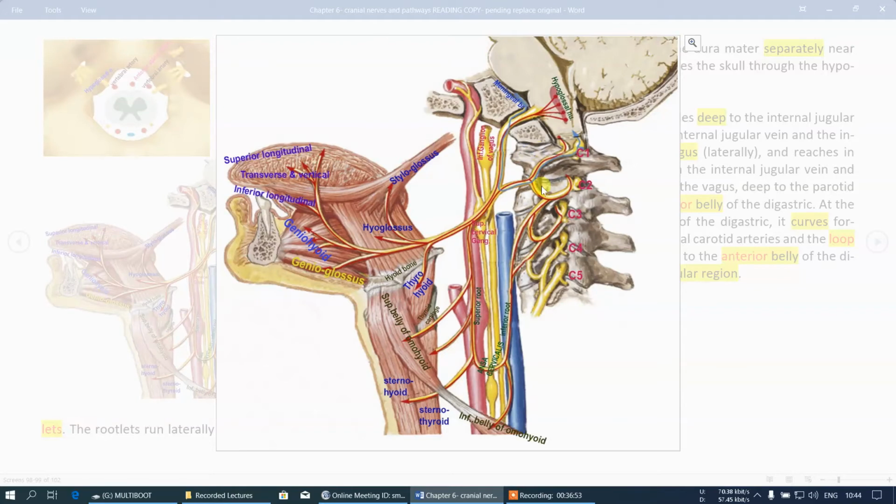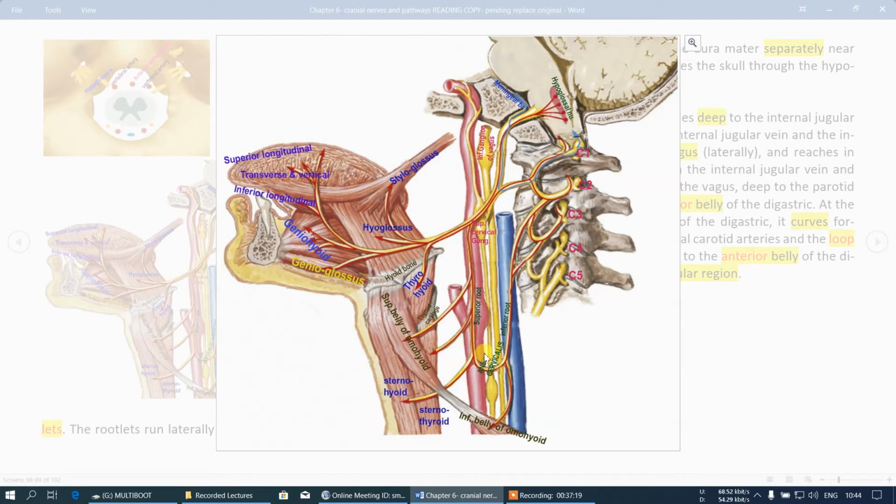So C1, C2 form the superior root, and C2, C3 form the inferior root. They have other names. The superior root is also known as descendens hypoglossi, and the inferior root is also known as descendens cervicalis. So descendens hypoglossi and descendens cervicalis join here forming the ansa cervicalis.